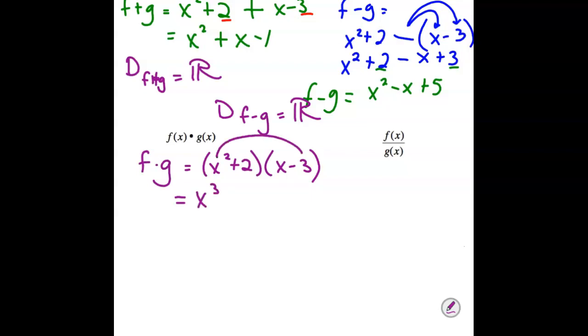Outsides, x squared times a negative 3 would be negative 3x squared. Insides, we get a positive 2x. And last term, 2 times negative 3 would be negative 6. And we don't have any like terms to combine. They're all separate pieces. So that's my final answer for f times g. Again, there are no domain restrictions, so the domain of f times g is also all reals.